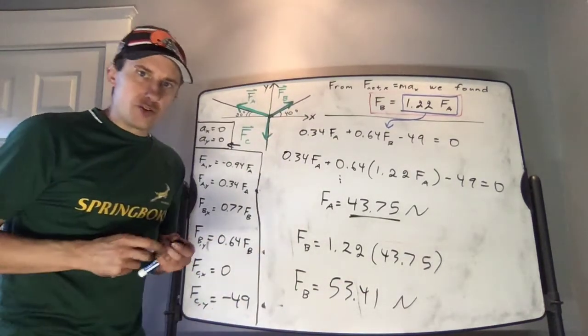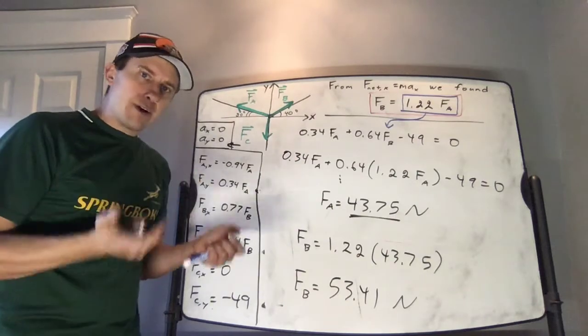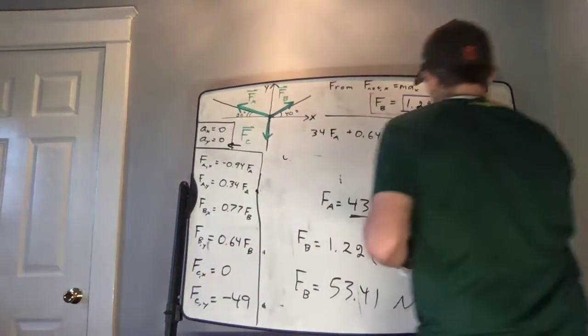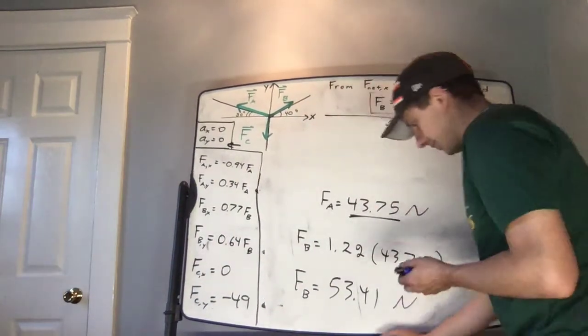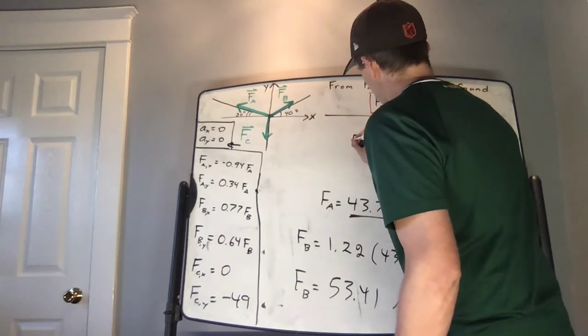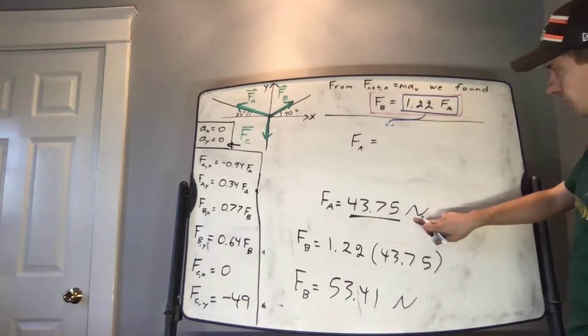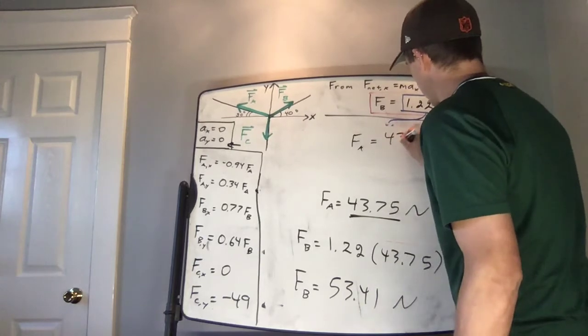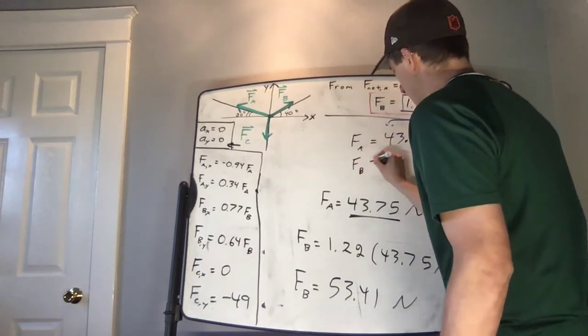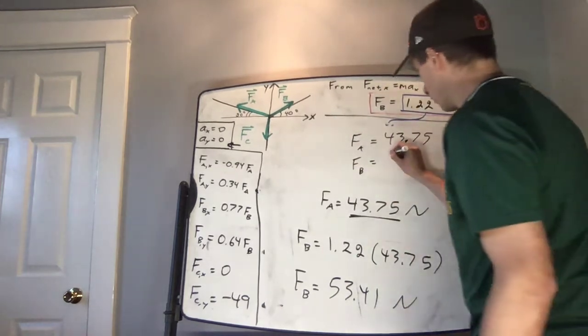So what did we do here? Well, we now found the force of tension in every cable. We found the force of tension in cable A is 43.75. The force of tension in cable B is 53.41.